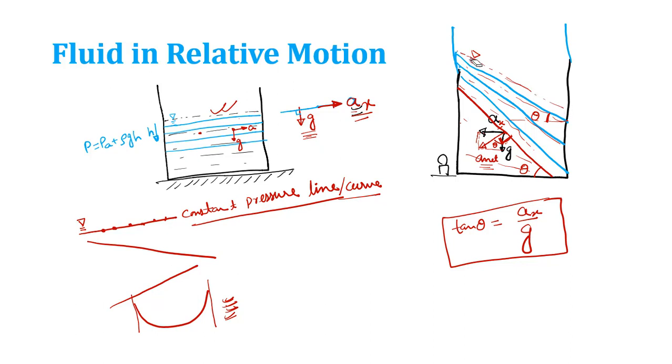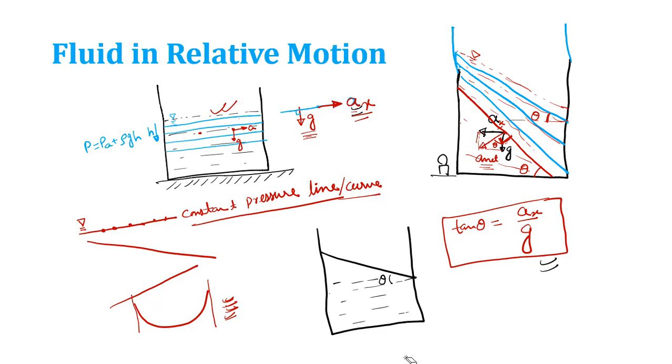This will be the new position of the fluid. So if we give an acceleration A, the new position will be in this fashion, fluid. And this is theta. Theta can be calculated with tan theta equal to AX upon G.